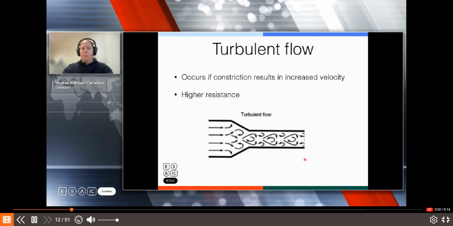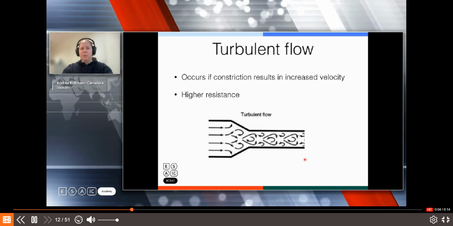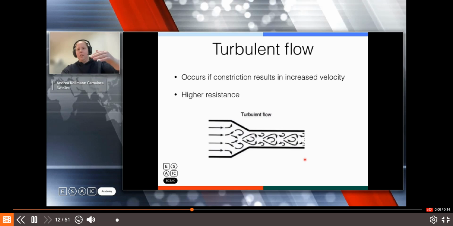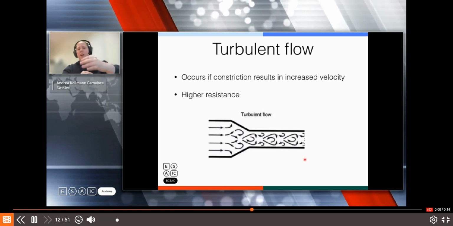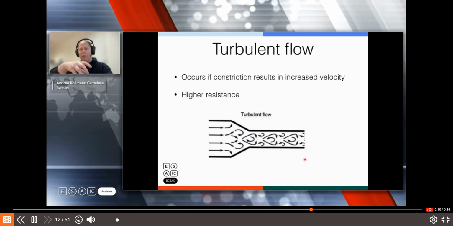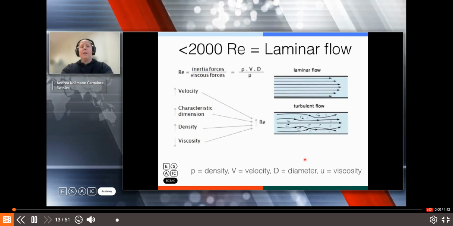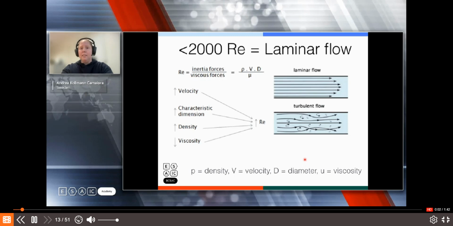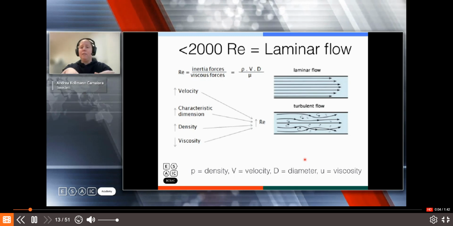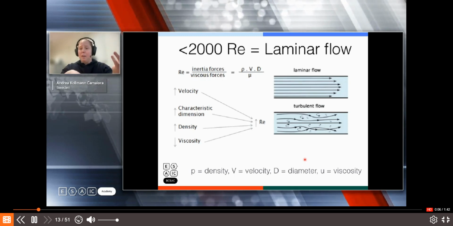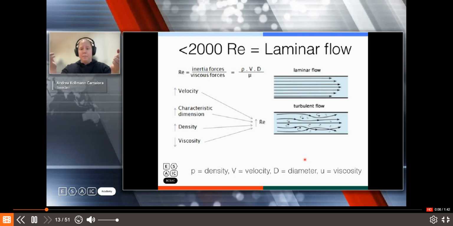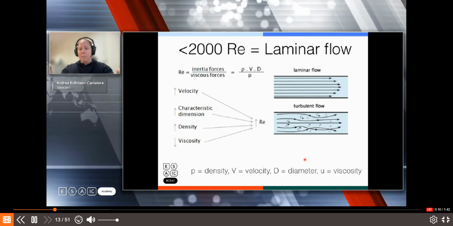Then we move into turbulent flow. And this occurs if there is a constriction and the velocity is increased and there is high resistance, and then the flow cannot circulate as nicely, so it becomes turbulent. There is an equation that tells us if the flow will be laminar or turbulent. And it's the Reynolds number.